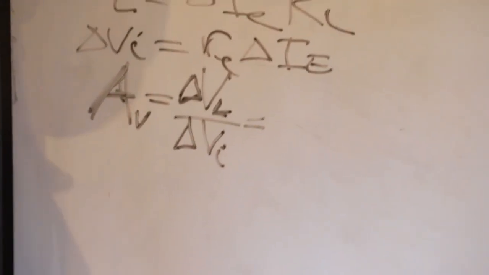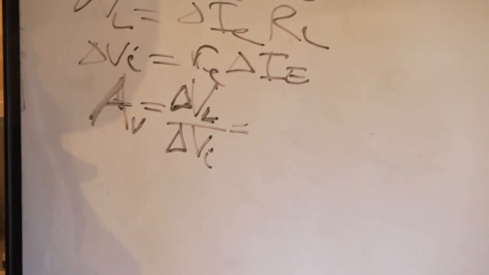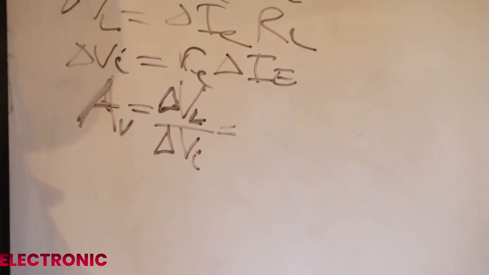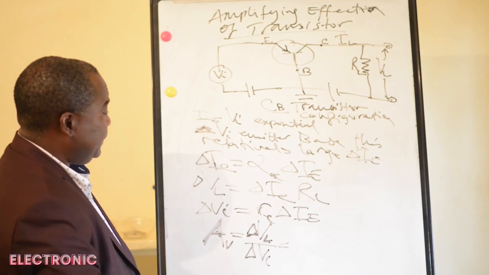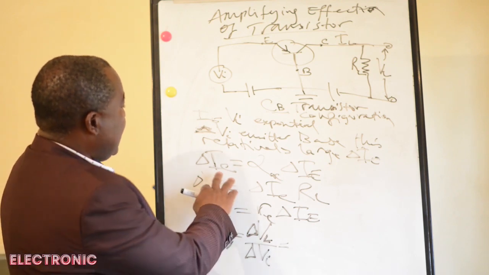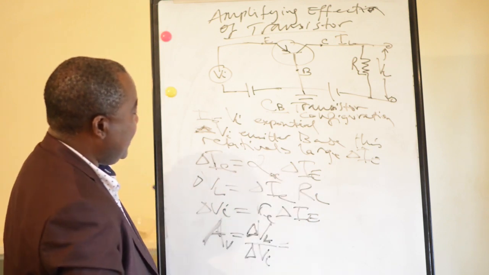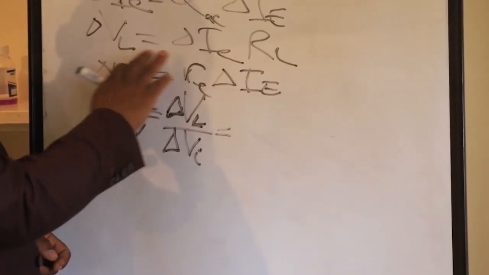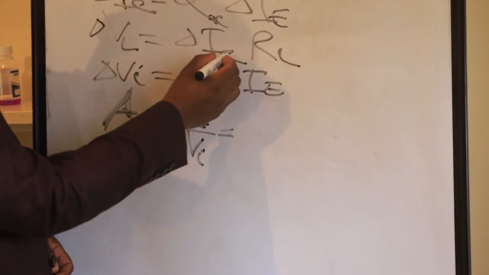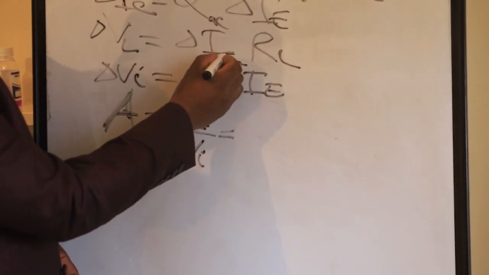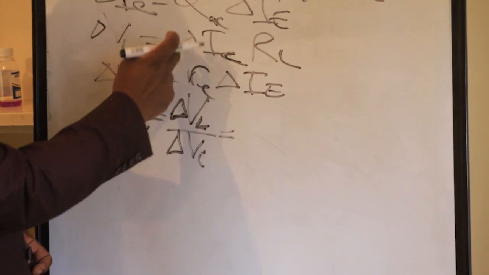So we can represent it in another way by using our current. We have seen that a change in IC can be related this way, and also the voltage at output is IC times RL.